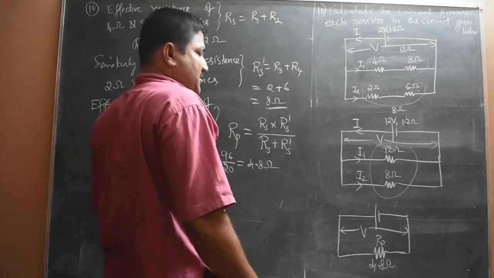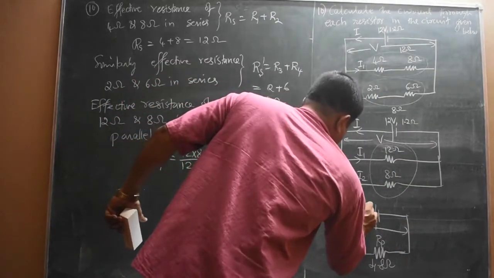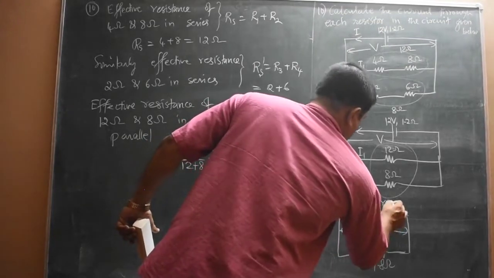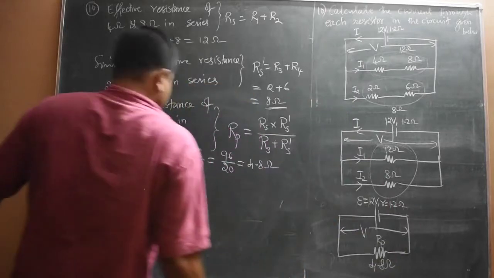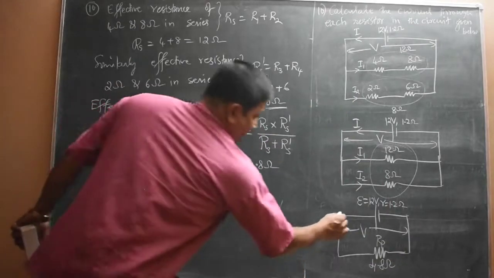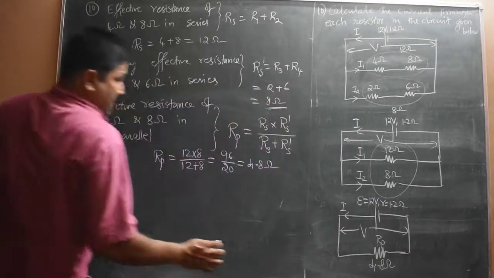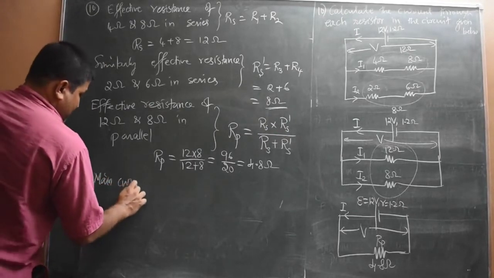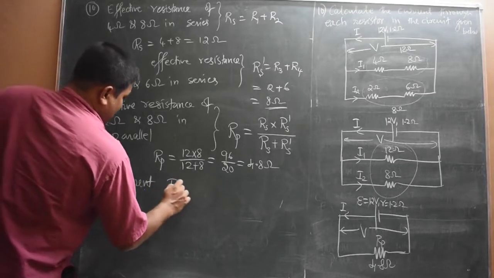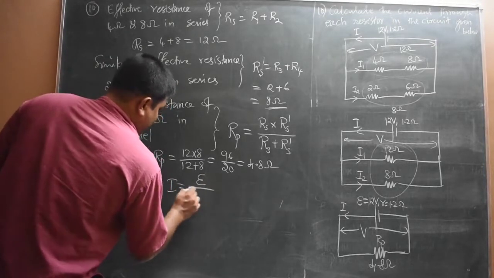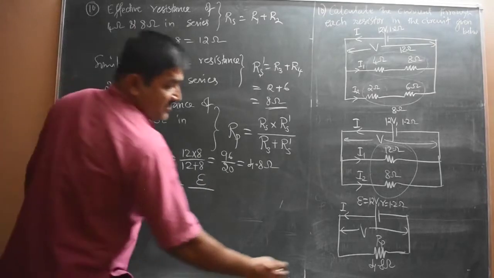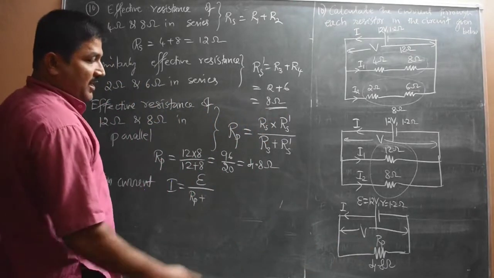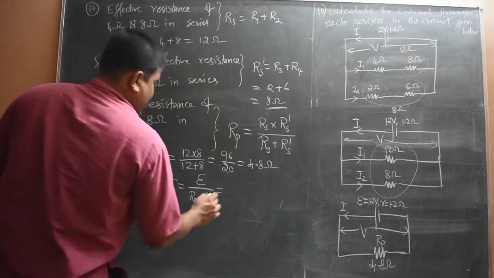That is the external circuit. Then internal resistance and EMF are given. Internal resistance small r is 1.2 ohm. So now we can get the main current drawn from the battery. I equals epsilon divided by external resistance Rp plus small r, the internal resistance.